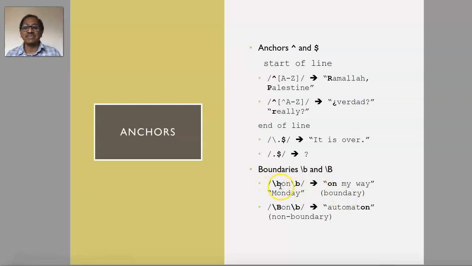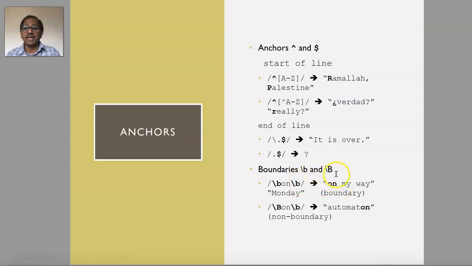So if I say slash b on slash b, that means on occurs with a boundary. That means there cannot be any other character before it or after it. So it can match with something like on my way. Right? There is no character before on or after on.